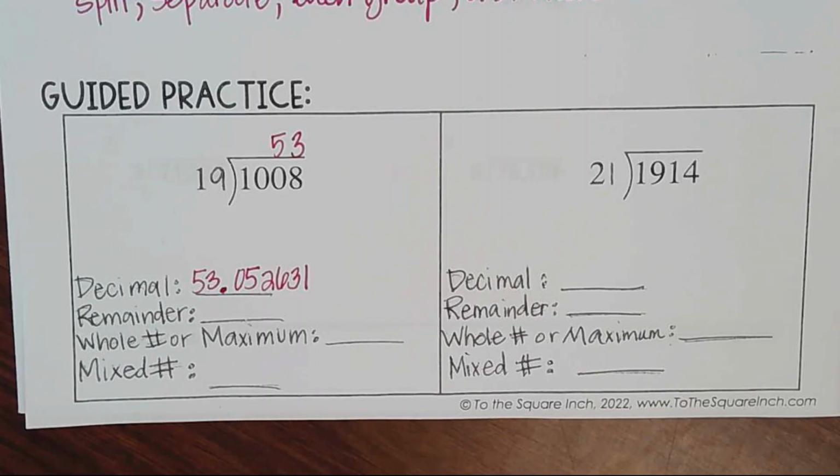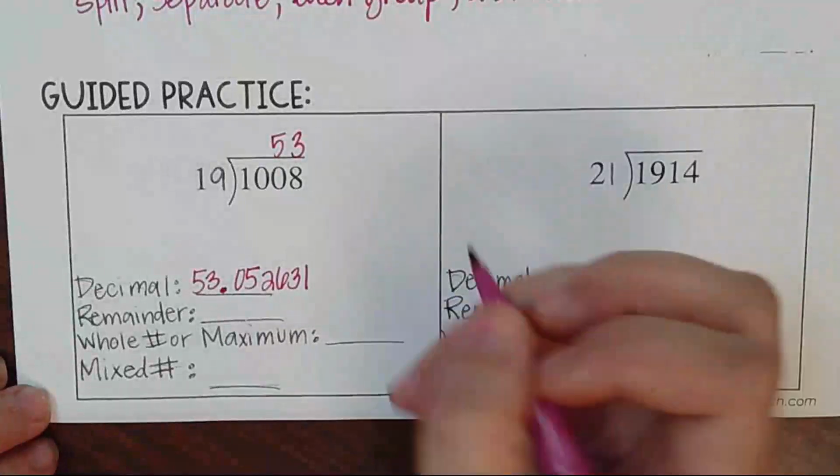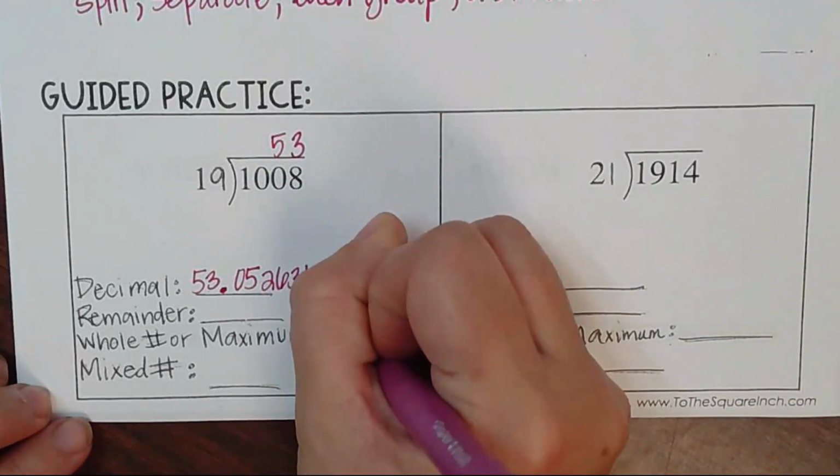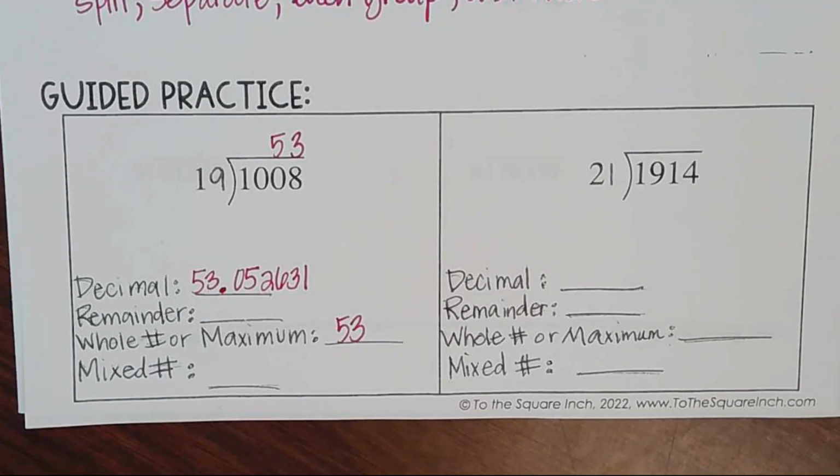Well, look at the options. What's the 6th grade word for whole number? Maximum. It's still a whole number, but it likes to try to be like, hey, what's the maximum? And everybody always wants to round. Are we rounding on maximum? No. What it's asking is, what's the maximum whole number? So 53. Now we got to find that remainder.